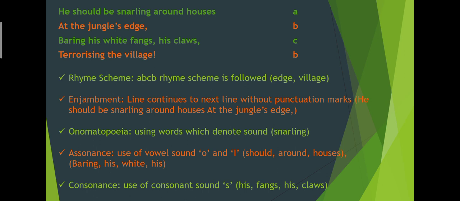And the last one which we learned today is consonance. Consonance is nothing but use of a consonant sound, yes. The S sound is there: his, fangs, his, claws. This one we learned in the first stanza also. So these are the different literary devices used in these first three stanzas.